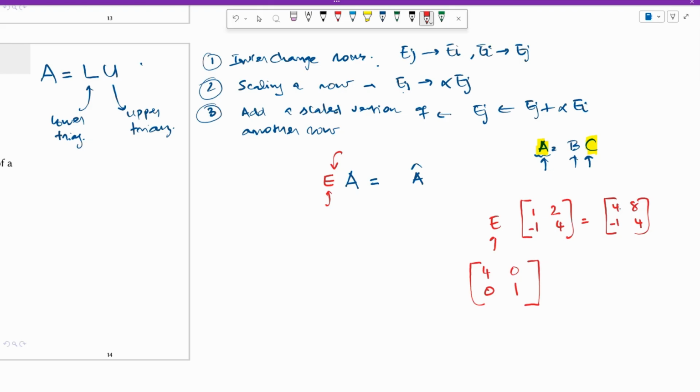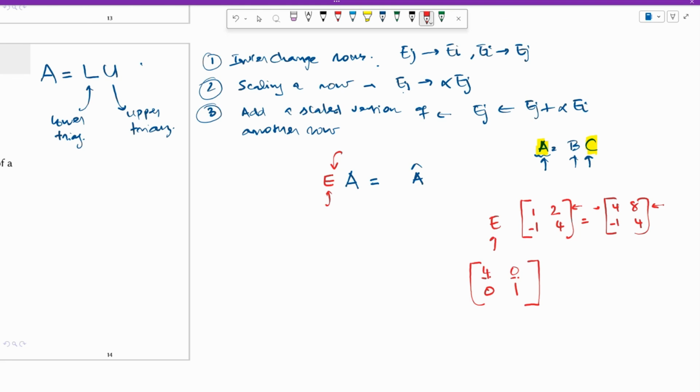The first row here is a linear combination of rows of A. How much of each row you're going to take comes from the first row of E. So here, the first row of A cap is simply 4 times the first row of A. That means you're only taking the first row and multiplying it by 4. So you take 4, 0: 4 times the first row, 0 times the second row of A, to get the first row of A cap.